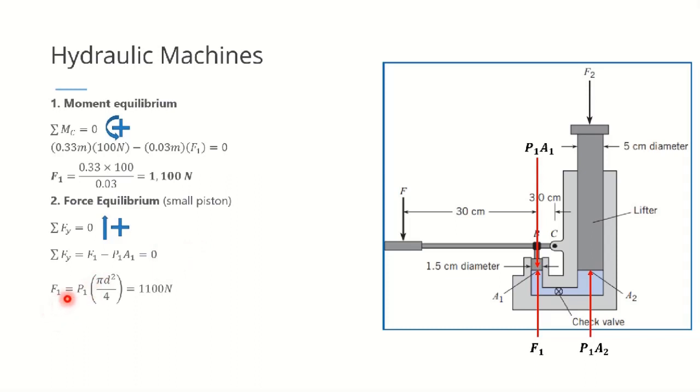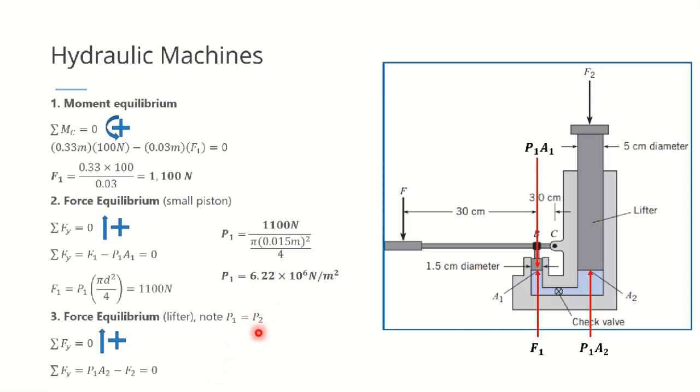Now, F1 is equal to P1 times this area. So, yung area is pi d squared over 4. Equal siya sa 1100 Newton, which is F1. So, yung diameter natin is 0.015 meter. Okay, so, masolve na natin yung pressure 1. We have 6.22 times 10 raised to 6 Newton per square meter.